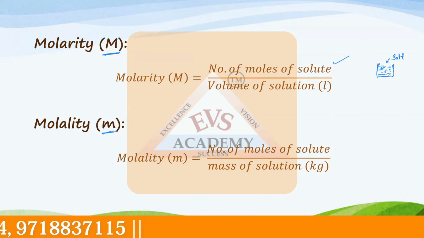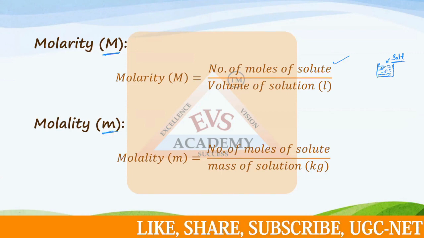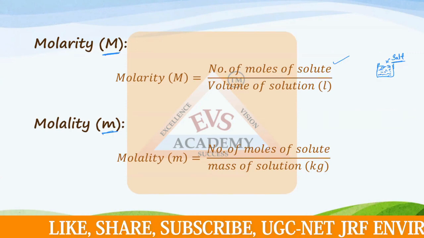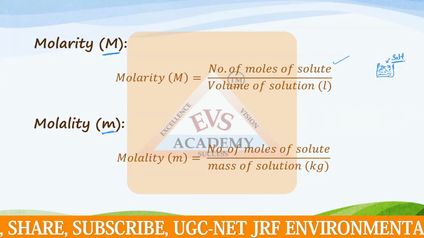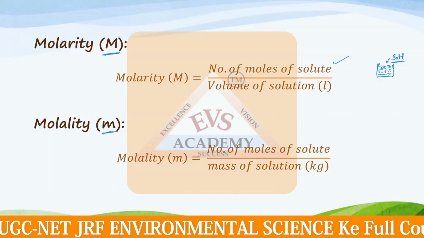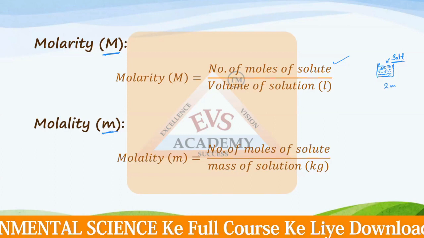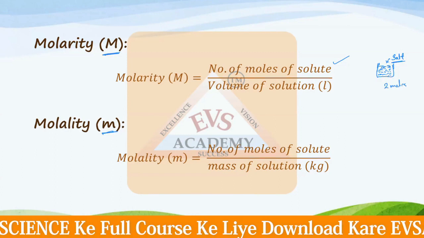So the number of moles of solute, it means the number of moles of salt you have added in the water, divided by the pure volume of the solution, whatever volume it is creating right now. So that would be the volume of solution. Suppose you have added 2 moles of salt in it.